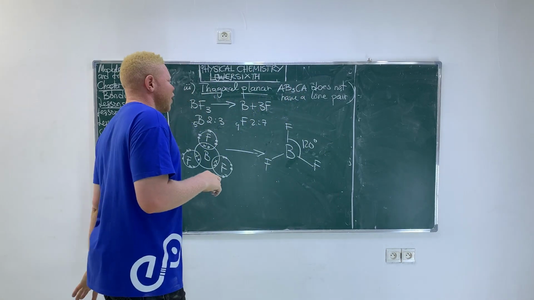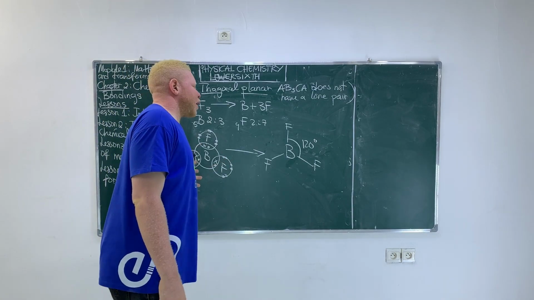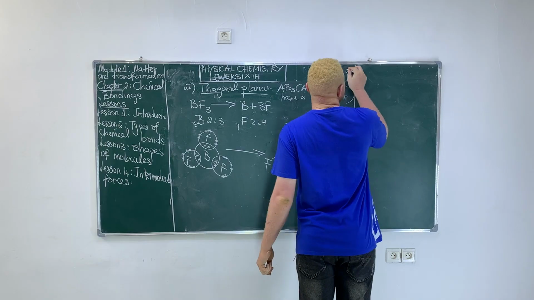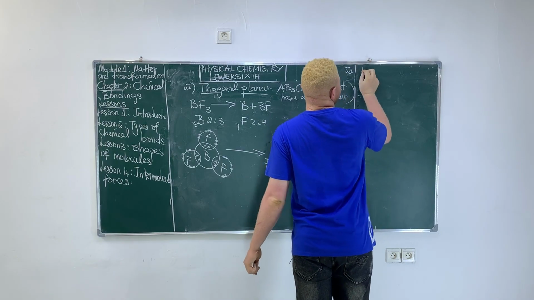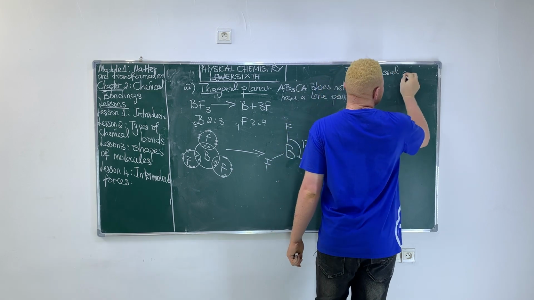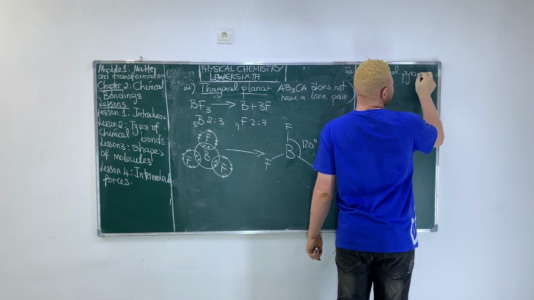So what is the difference between trigonal planar and trigonal pyramidal? Let's now see an example of trigonal pyramidal.